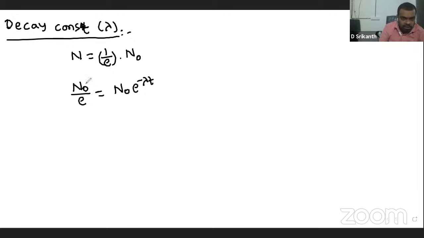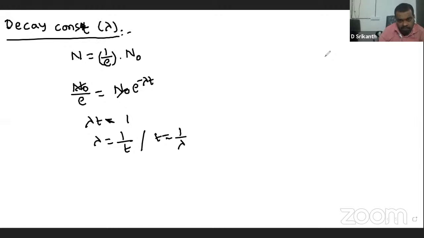N naught cancels, so lambda t is equal to 1. So lambda equals the reciprocal of time, or t equals 1 by lambda.